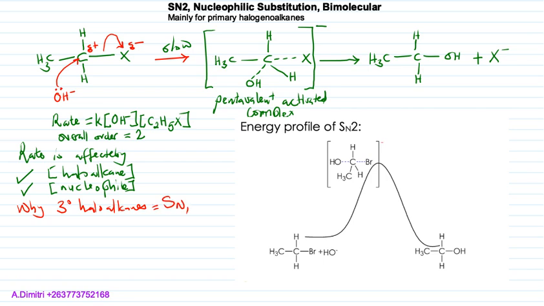So number one, because of three large alkyl groups surrounding the carbon, we have steric hindrance. So the first one is steric hindrance. The bulky alkyl groups will inhibit the nucleophile from proceeding under SN2 due to the bulkiness of the groups.